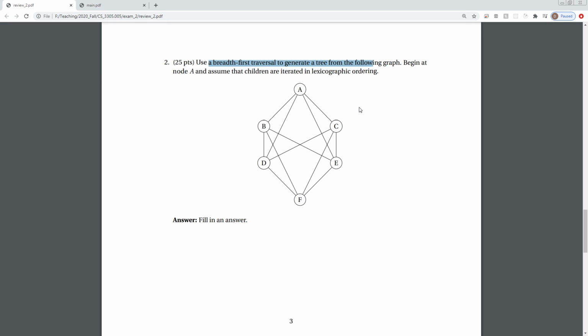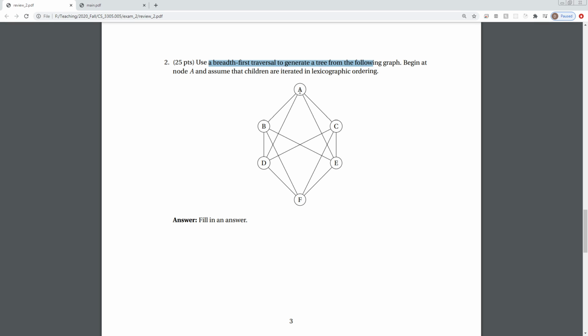We're visiting the nodes in the graph in a unique order. And so this is perhaps the easiest version of generating a tree from a graph, in that you have to make sure that you visit each node only once. And so that's pretty simple.